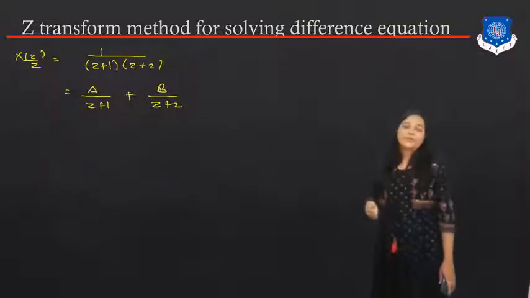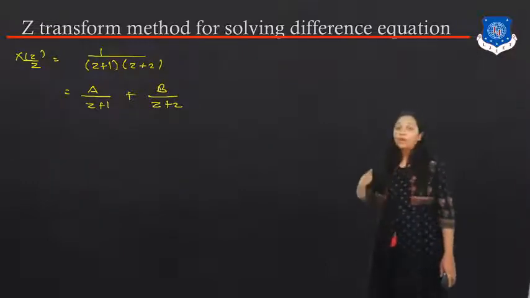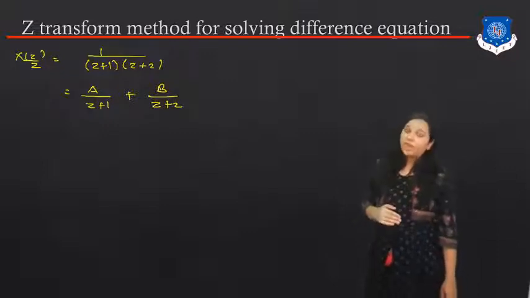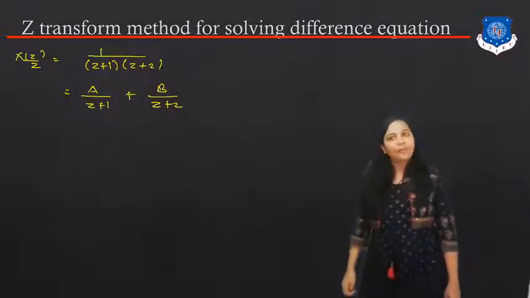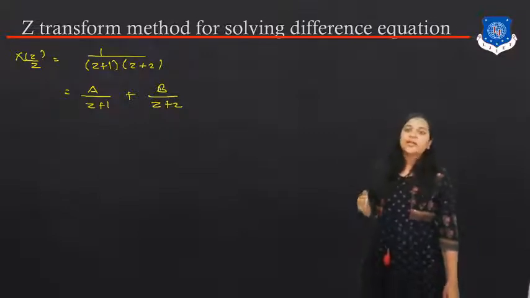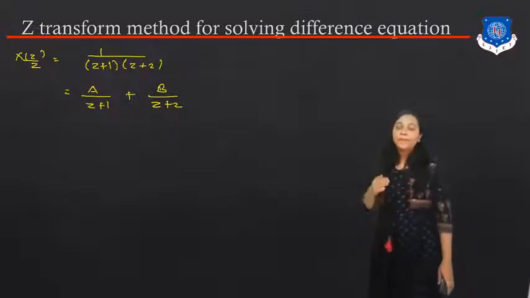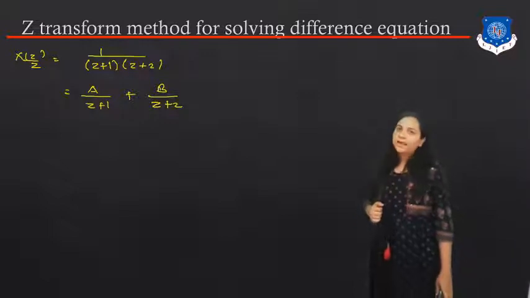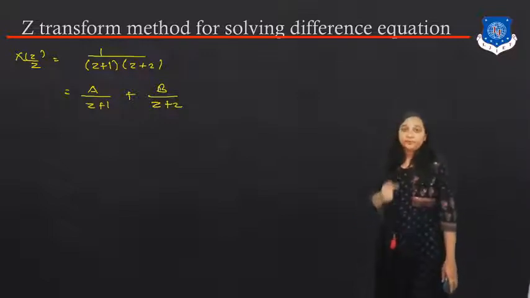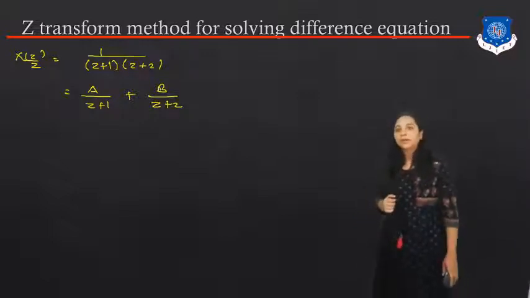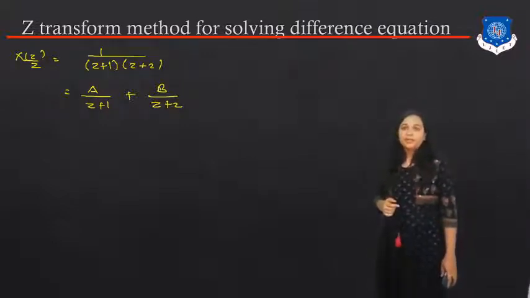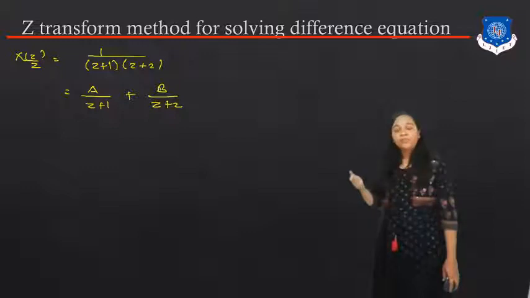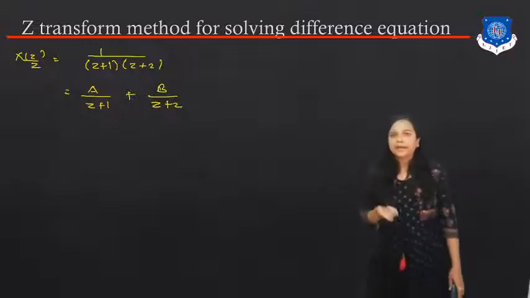Now next, as you know, we have to find the value of x of z upon z, and for that we have to apply the partial fraction method. So x of z upon z is equal to 1 upon z plus 1, z plus 2, is equal to a upon z plus 1 plus b upon z plus 2. We have to equate the left hand side term and the right hand side term.